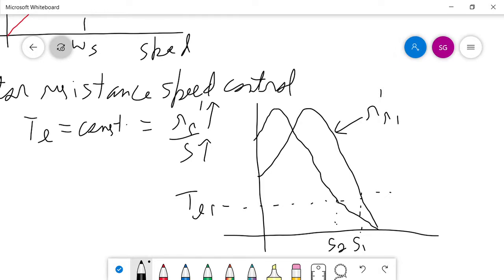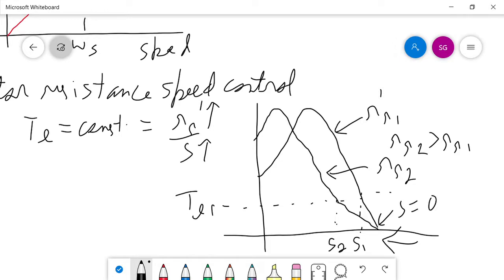This will be your torque slip characteristic for RR2, where RR2 is greater than RR1. So you can see we have attained the same torque but at increased slip. This is at S equal to 0 and this is at S equal to 1.